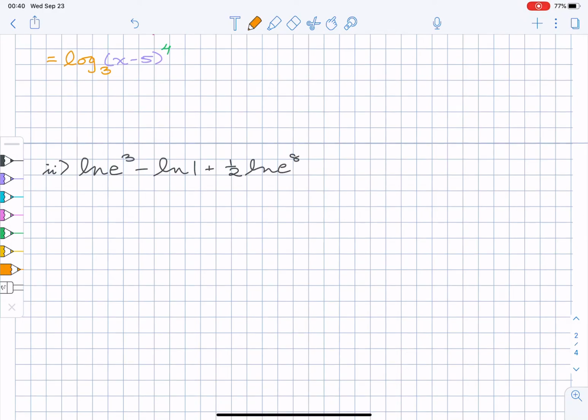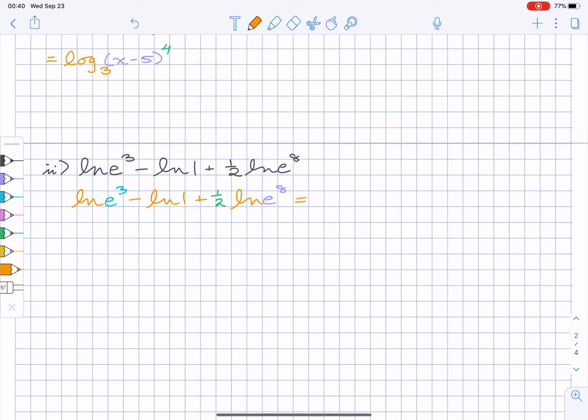Okay, so I'm going to write this as natural log of e cubed minus natural log of 1. I'm just going to leave that the way it is. Plus 1/2, pardon me, natural log of e to the 8th.